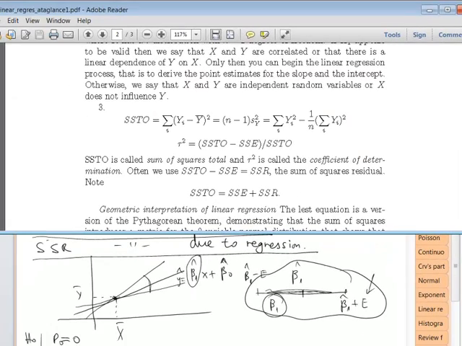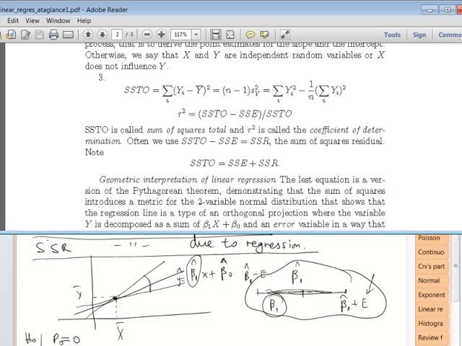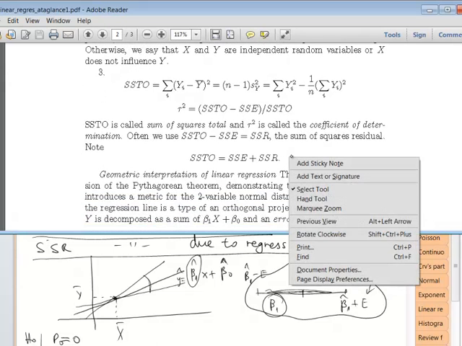The total error, which is another important quantity, tells us how much the true values vary from the mean value of y. This is the total variability here. This is y bar, and you sum all of those values as you see. This is called the sum of squares total.